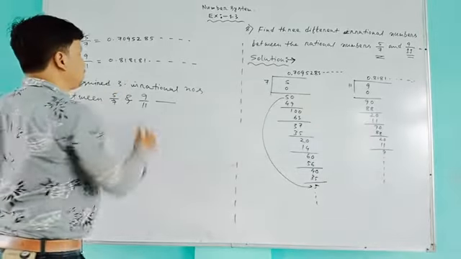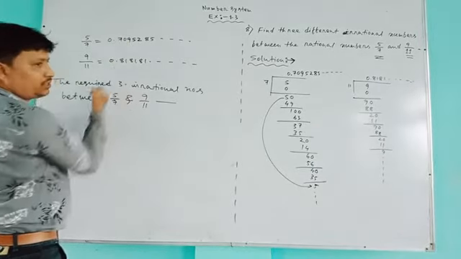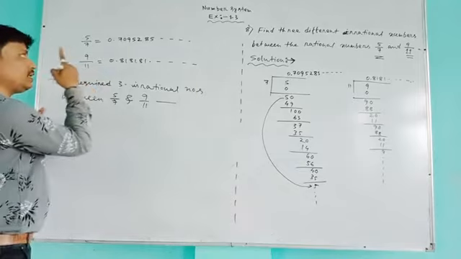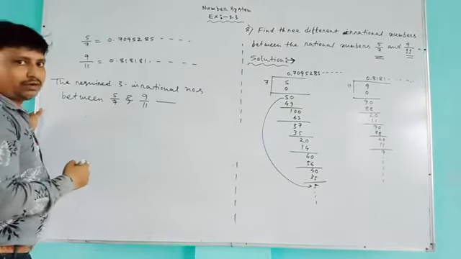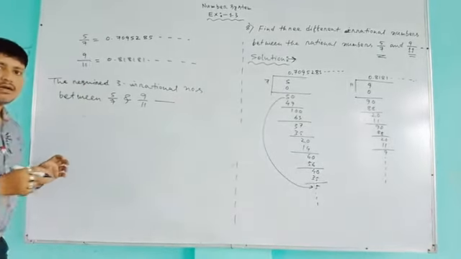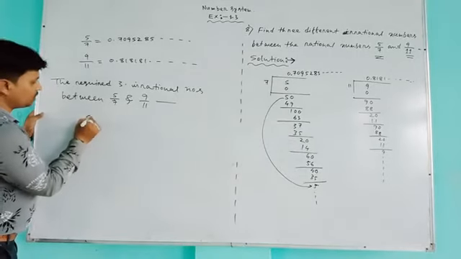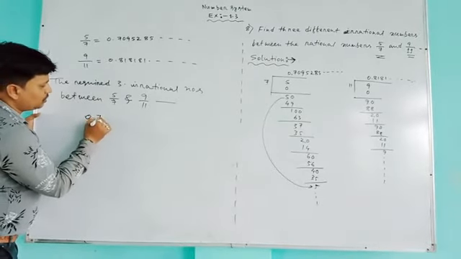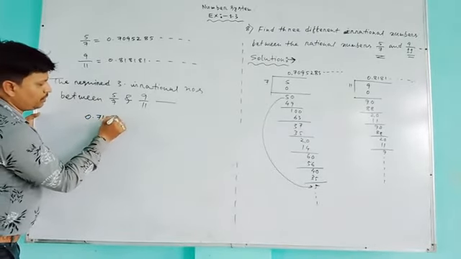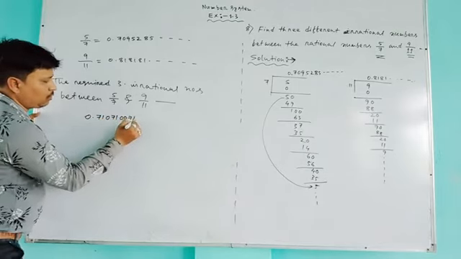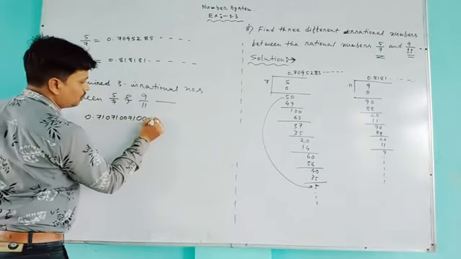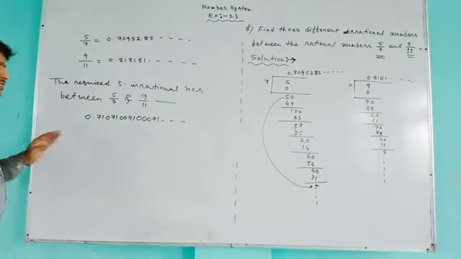By considering 71, after 70, we can write one non-terminating and non-repeating decimal expansion, just like this: 0.71, 0.071, 0.0071, 0.00071, and so on.